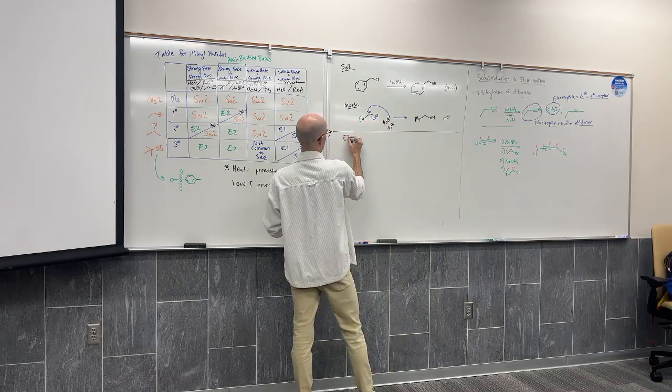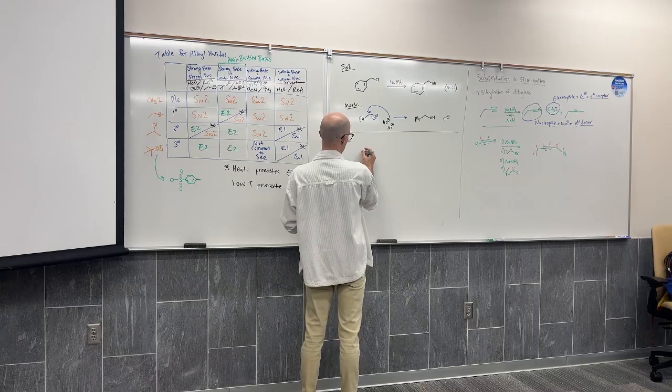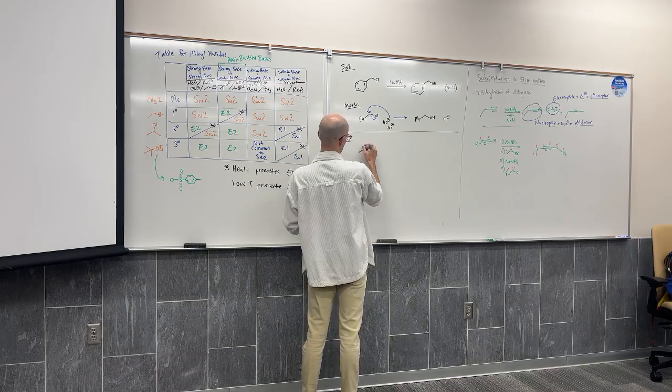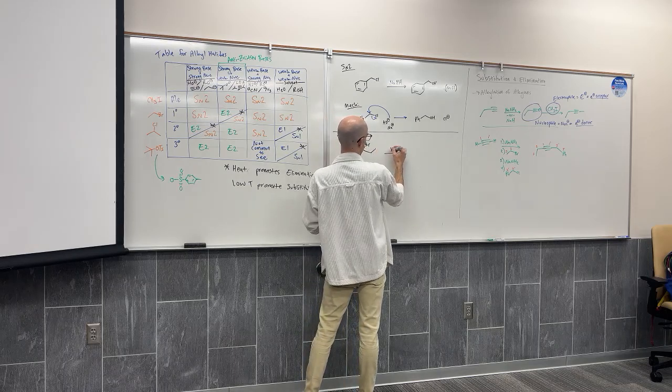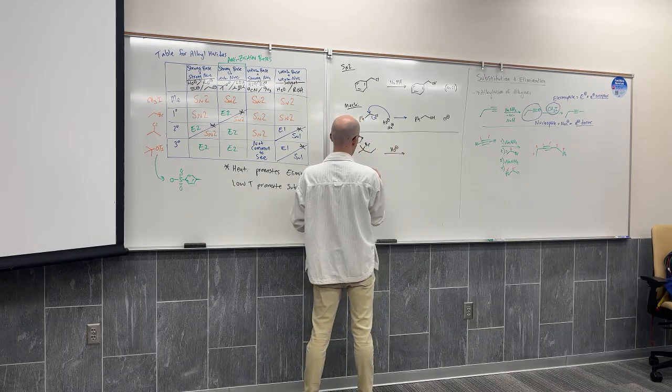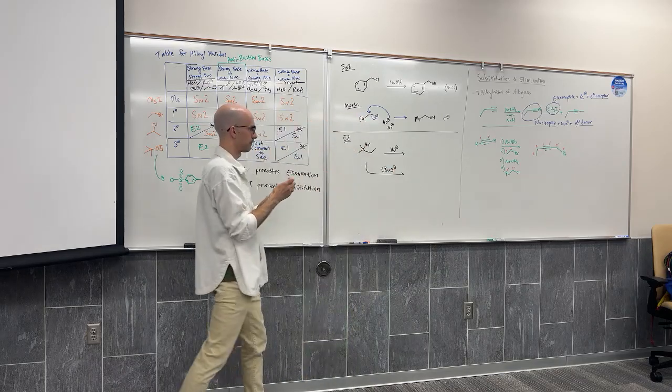Let's look at an example for E2, and what I want to do here is look at a couple of different examples. We'll take the same molecule, and we'll react it with hydroxide, and then we'll react it with tert-butoxide.